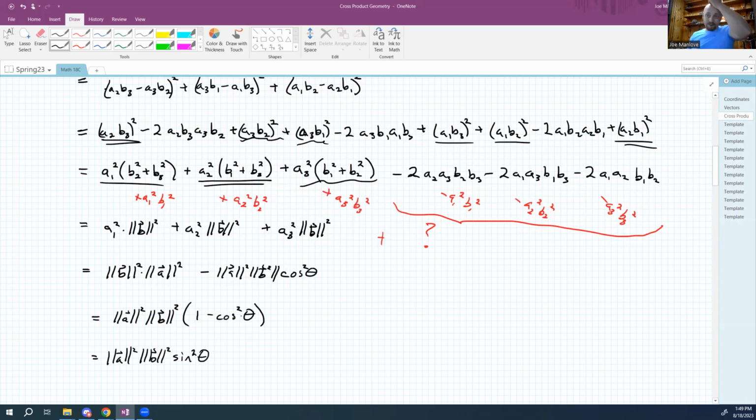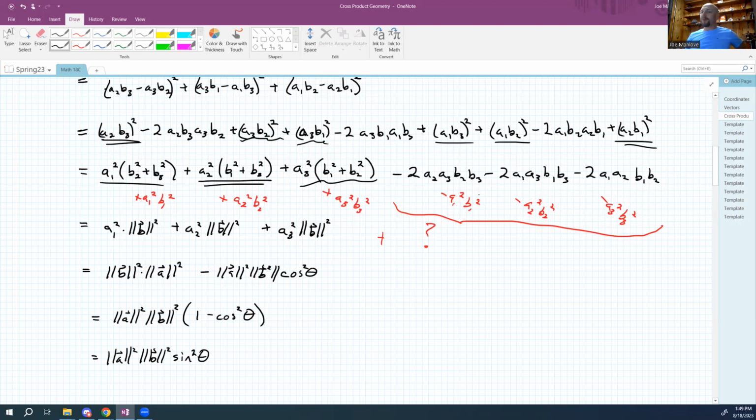So I'm gonna leave you guys this little arithmetic exercise. See if you can sort out what we need to do to this thing to notice that it ought to be the dot product squared. I don't think it's very hard, but I want you guys to play too. So see if you can figure that out.